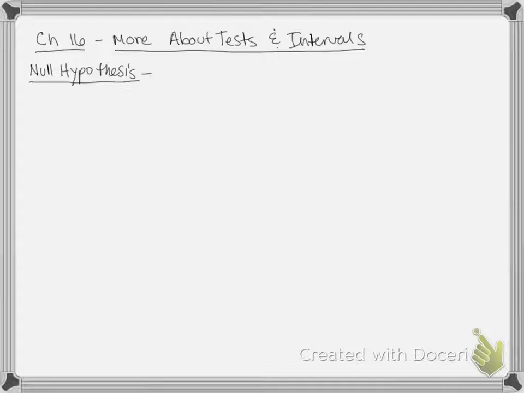We've seen two different null hypotheses at this point, one for proportions and one for means, but they actually both mean the same thing. The null hypothesis typically means that no change has occurred.